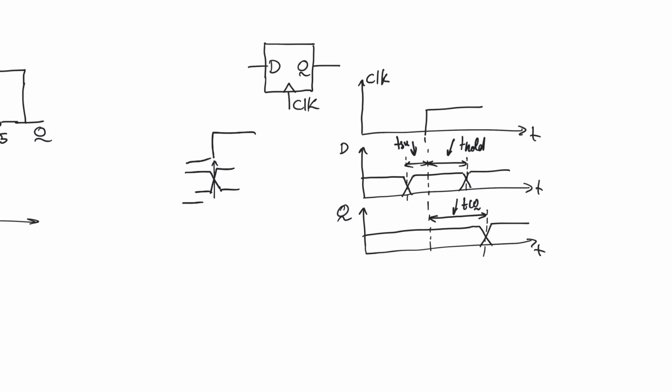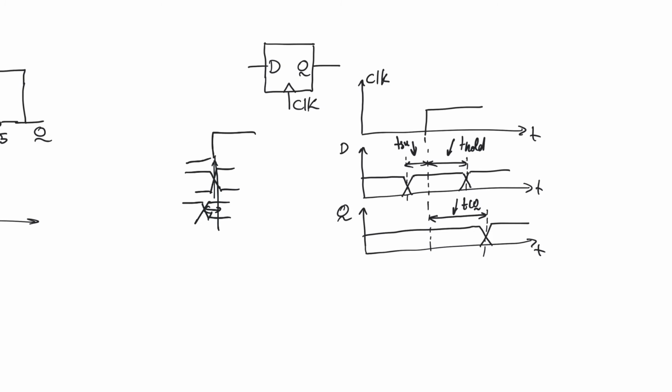So D has to come before the active edge. How long before the active edge? Setup time before the active edge. If D is ready at the input of the register more than setup time before the active edge, that's fine. If it is ready closer to the active edge than T setup, that is not fine.